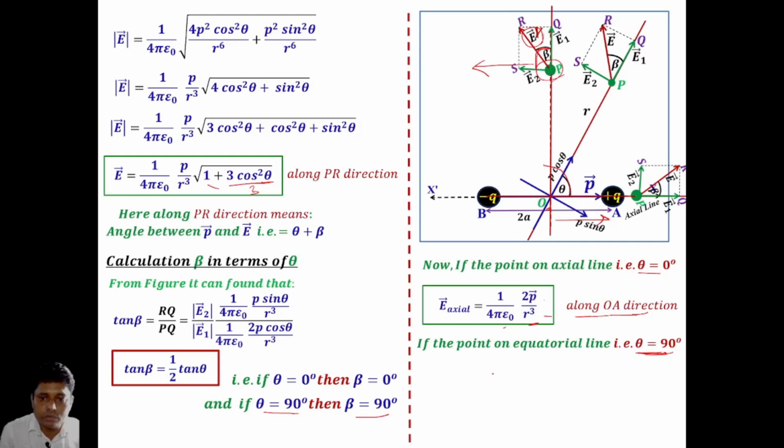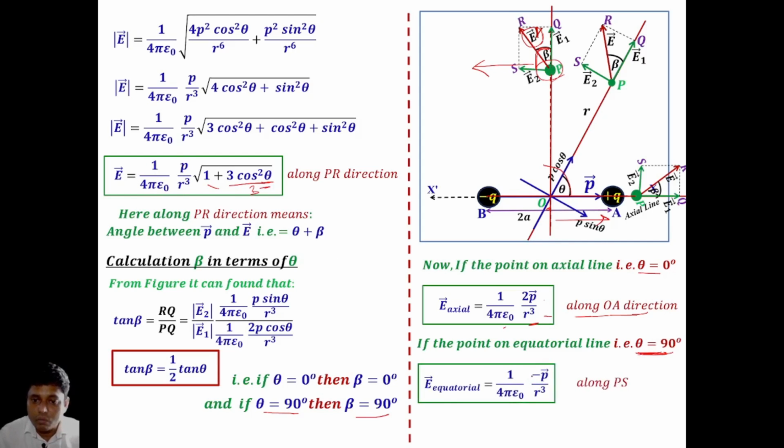Now if I put the value theta equal to 90 degree over here, then the magnitude will be 1 by 4 pi epsilon 0, p by r cube. But why is the minus written here? Here you can see that for theta equal to 90 degree, beta will be 90 degree. That means the resultant electric field intensity will be along this direction.